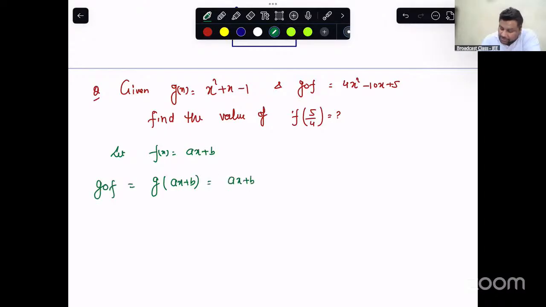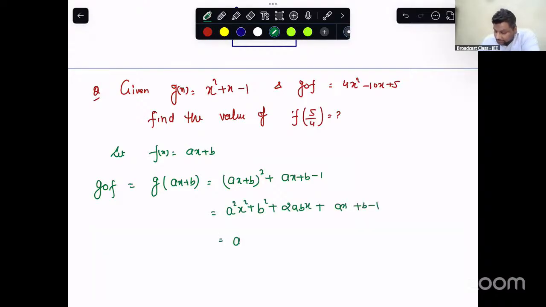So that would be ax plus b whole square plus ax plus b minus 1. So it is a square x square plus b square plus 2abx plus ax plus b minus 1. So it is a square x square plus 2b plus 1 into ax plus b square plus b minus 1. Am I correct?